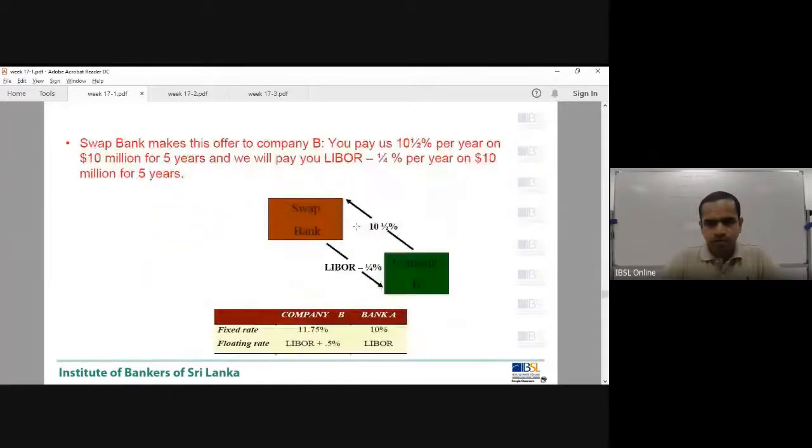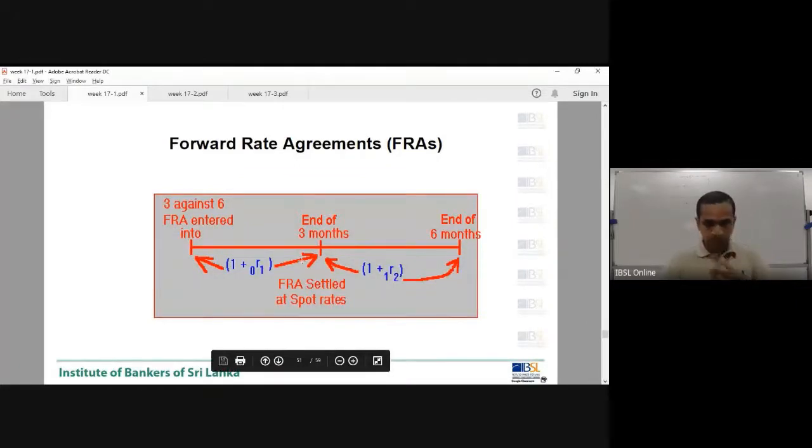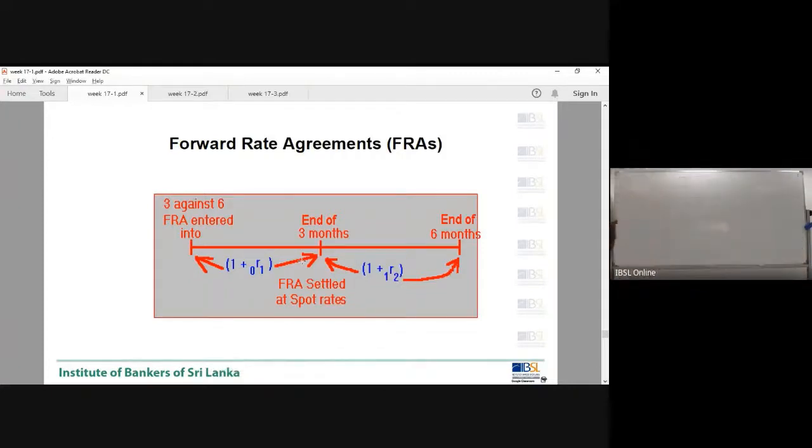We'll come back to that. And move on to forward rate agreements. Right? Forward rate agreements. The forward rate agreements are agreements where the customer might want to borrow, not today, but 1 year from today.